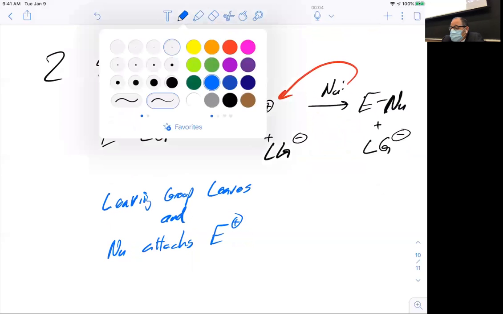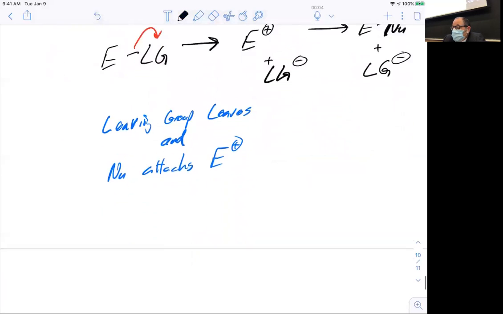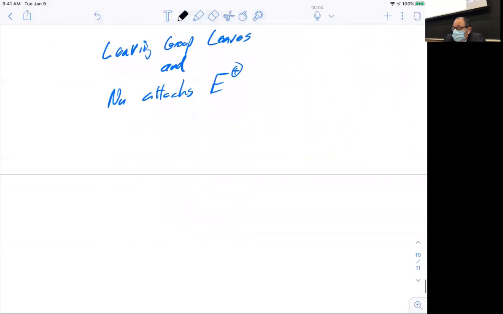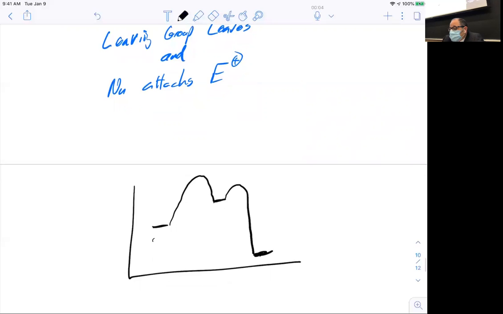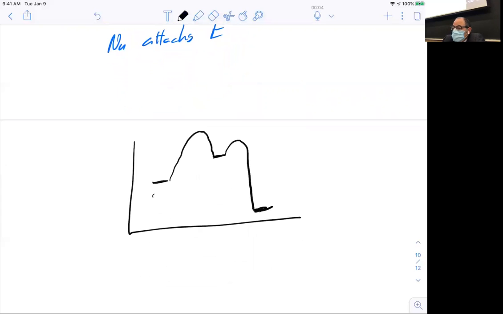So when we look at our energy diagram here, we go through a high energy transition state, an intermediate, and another transition state, and then we get to our products. The first step is the slow step. Second step is the fast step.